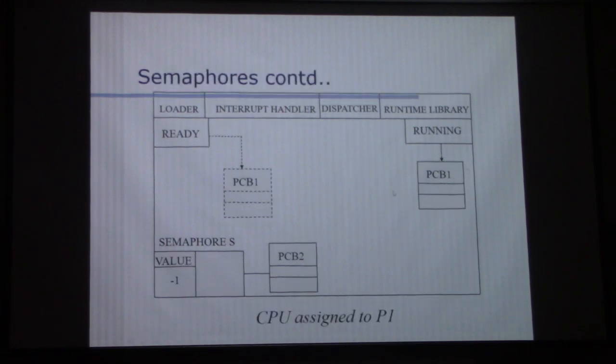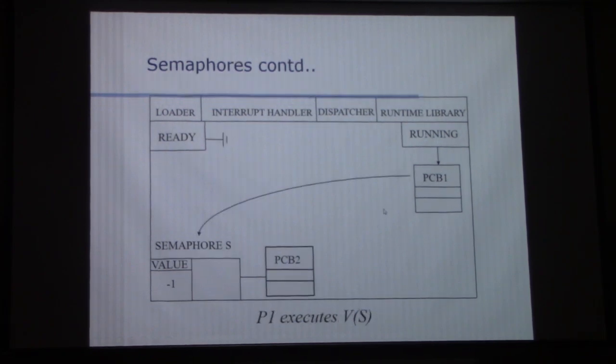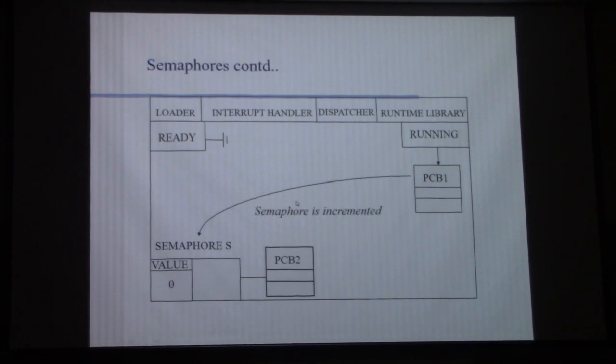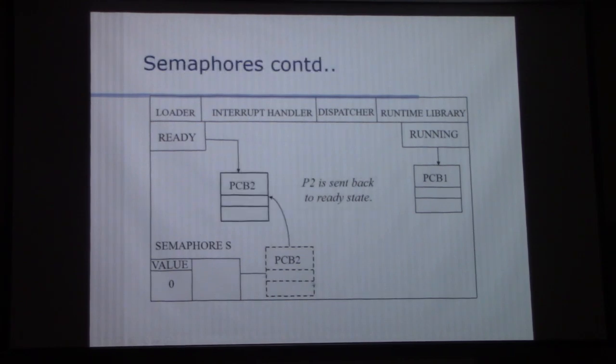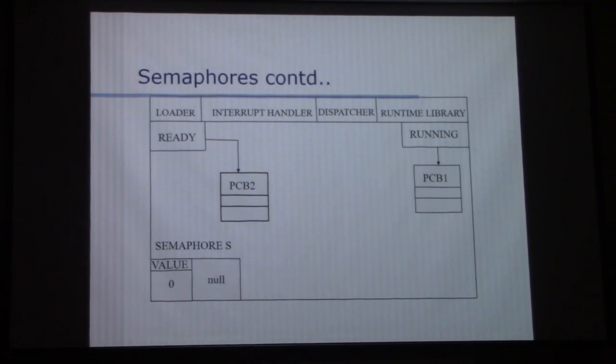So now P1 continues running, P2 is blocked on semaphore Q. If P1 applies a V operation to get out of the critical section, to unlock the critical section, then the semaphore is incremented by 1, and P2 is sent to the ready state. Exactly what we were doing with the state diagram, but this is inside the computer. All right.